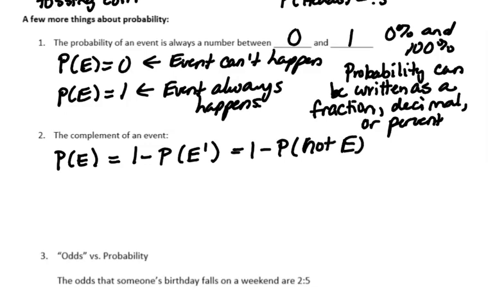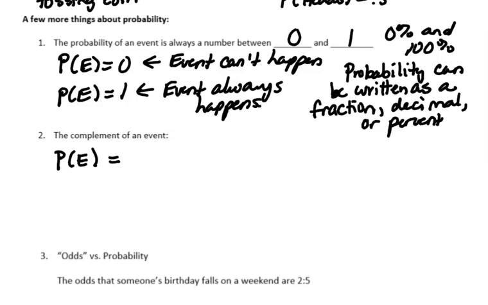And you know, I'd actually like to go back and write that the other way around, because I'm defining what the complement of an event is. So the complement of an event looks like this.